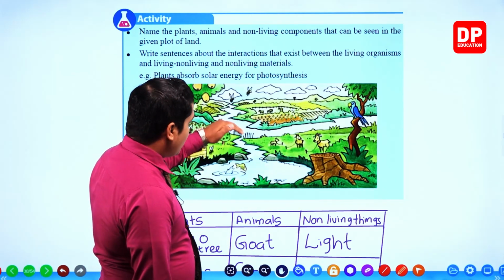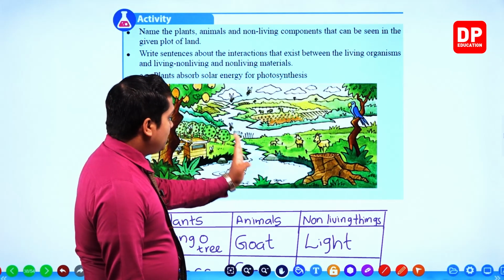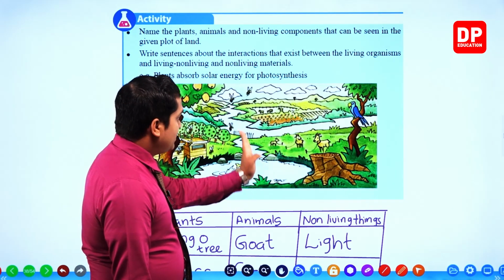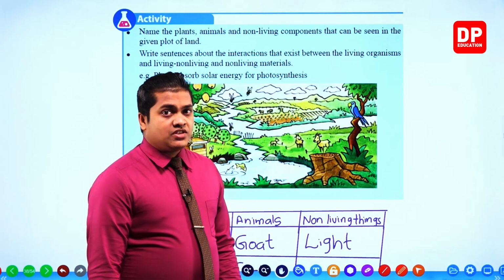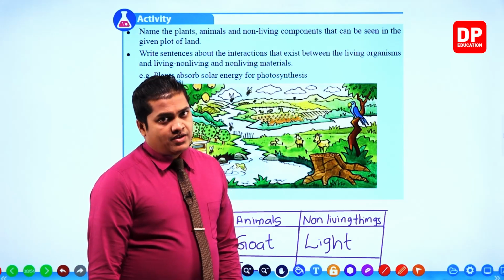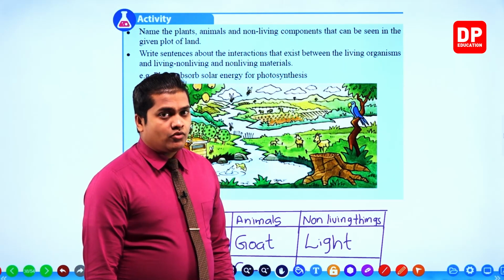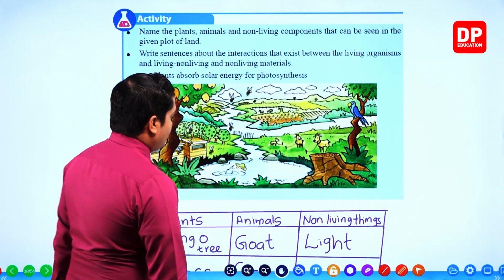Then soil erosion, definitely there is going to be soil erosion within these streams or within these regions, because of what? Because of the stream which is flowing downwards. Okay, so soil erosion by water, we can take that for the non-living interaction. So we'll write it down.